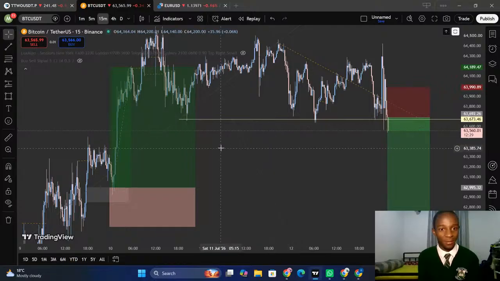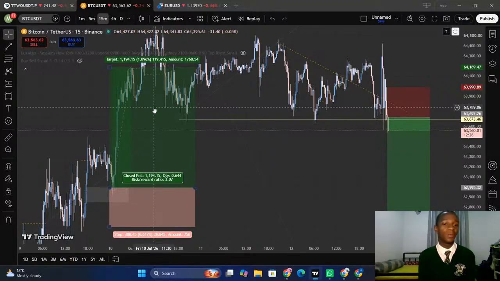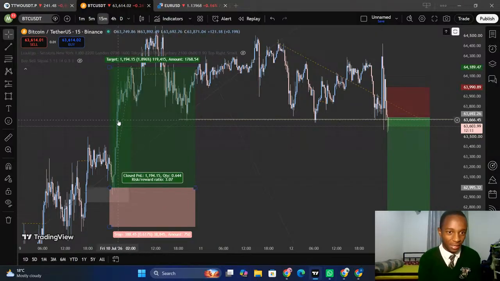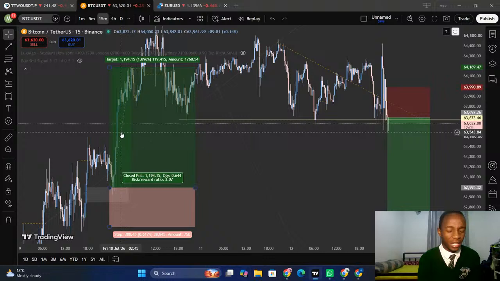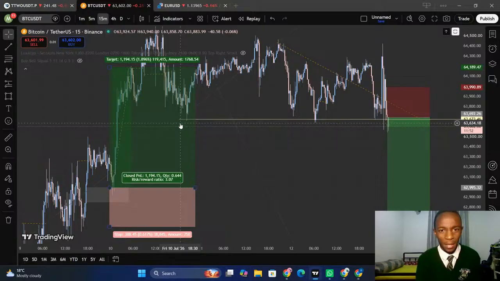We respected that fair value gap once, two, three times, man. I think fair value gaps are usually respected. I don't know the psychological part about fair value gaps or what the algorithm does with them, but I mainly think that when price leaves such a huge imbalance, many people placed buy orders from that area where we left that gap, which price must come back and fill those orders by respecting that area, or it comes back cheap so that people might buy again.